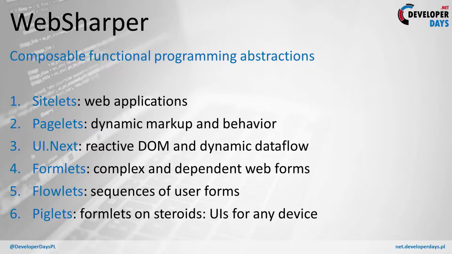Looking back just at our own enterprise application development projects, just about every single one of them uses reactive piglets. So that would be something to look up in the documentation, and if you're interested in this, that would be the first thing to try. However, I want to walk through the rest of the abstractions because they are a roadmap to arrive at piglets. And now, let me talk about sitelets a little bit.